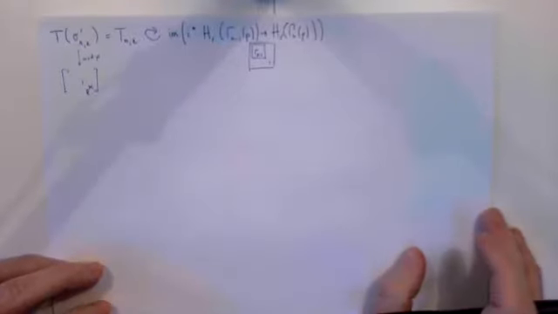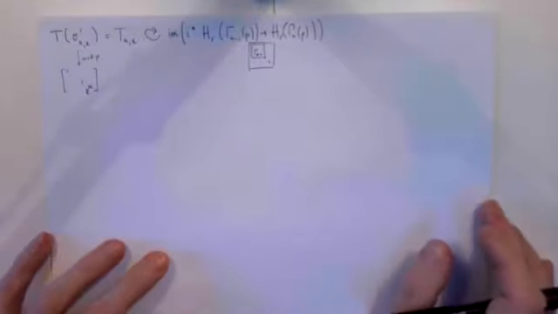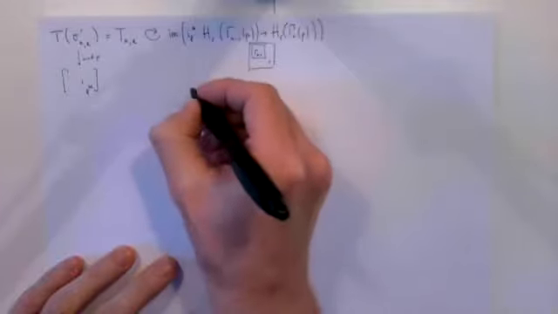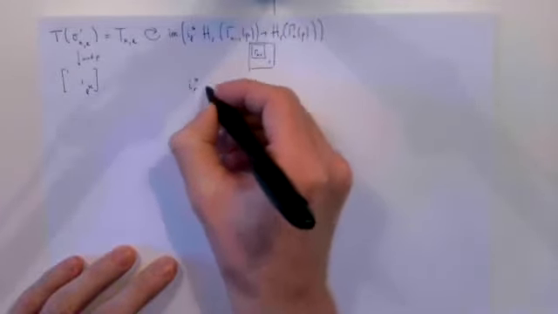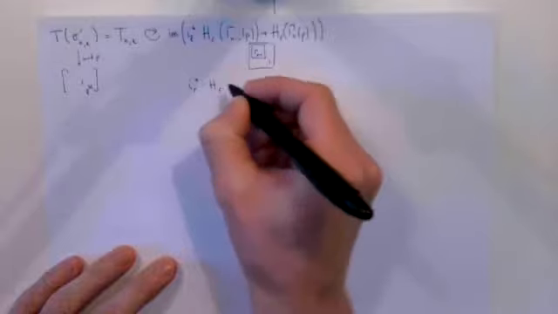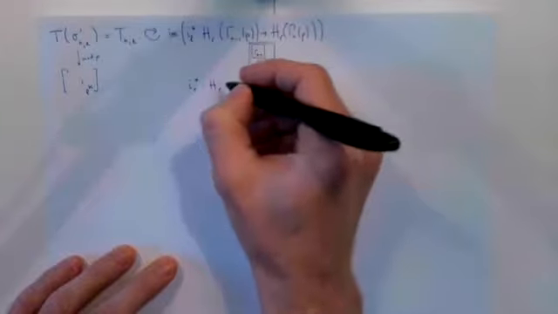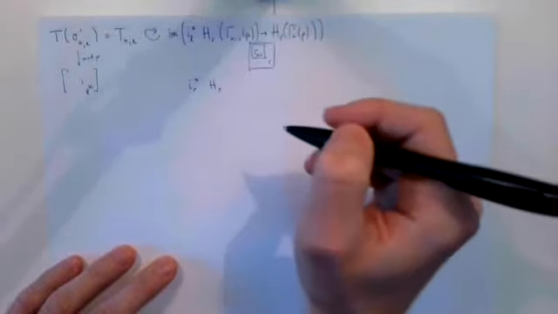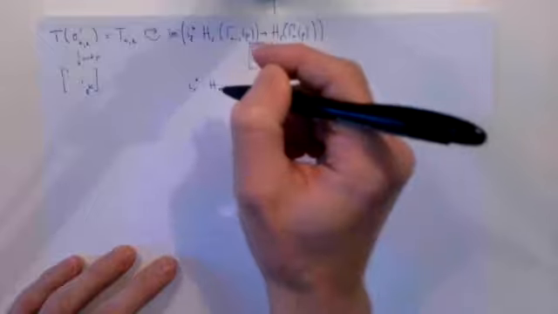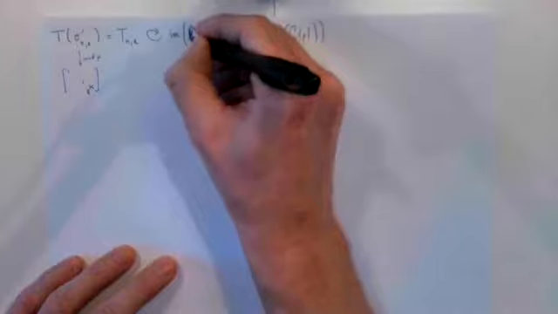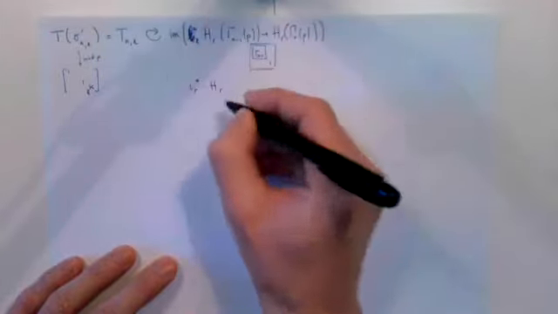Okay, so to do this, let's call this IL and call the lower inclusion IR. All of this is bad notation, I, L, and IR.